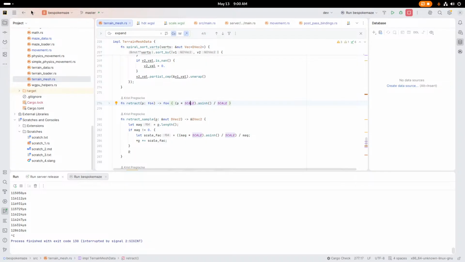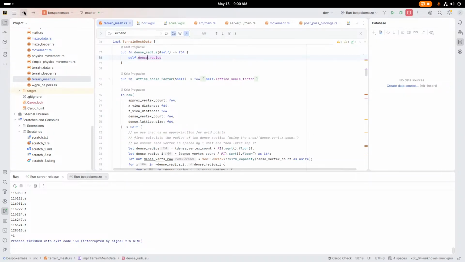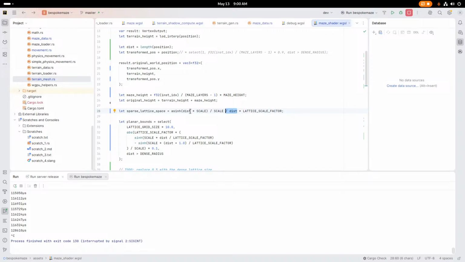Time scale, a sign. Yeah, that's going to be multiplied by the distance anyway.